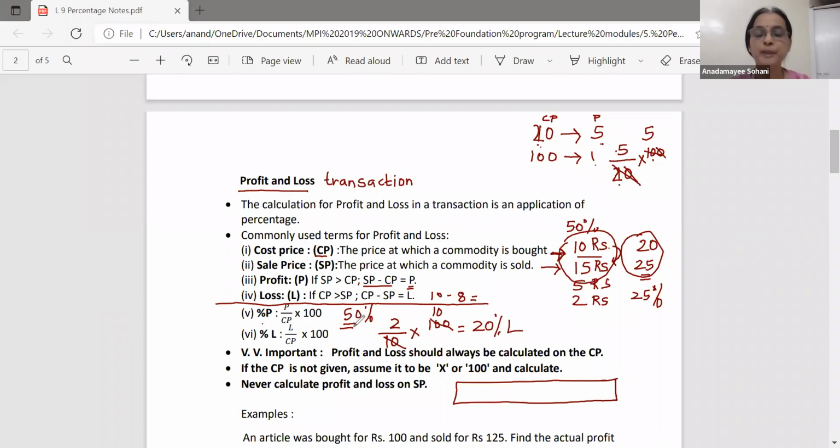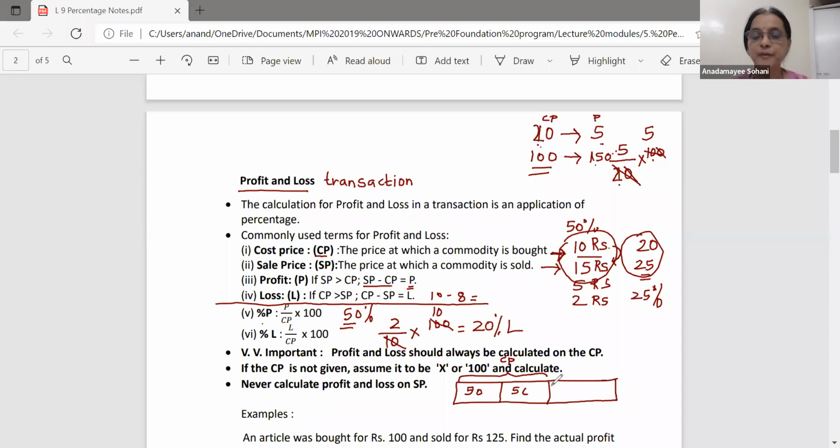50% profit. That means if my cost price was 100, my sale price would become 150. See what I'm doing? So for 50% profit, I am making two parts of my cost price, 50 and 50.